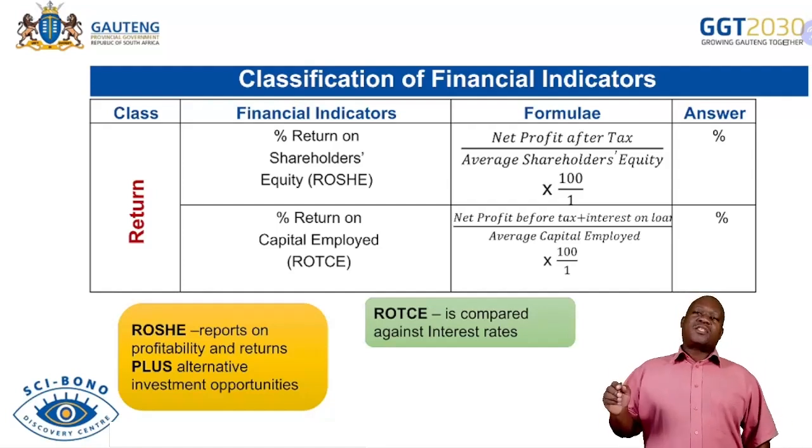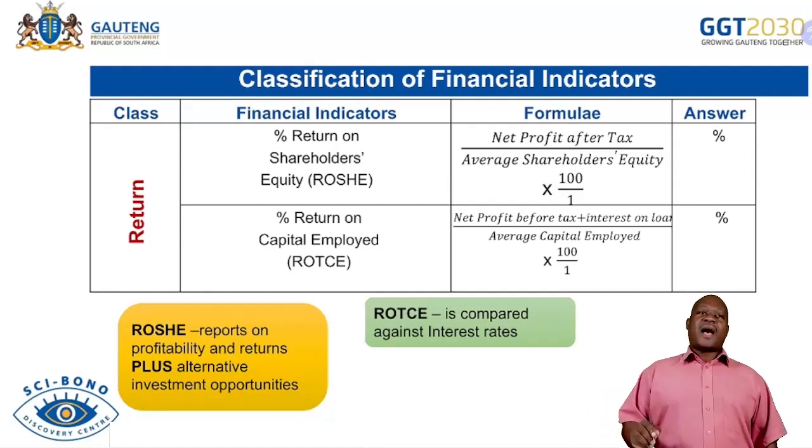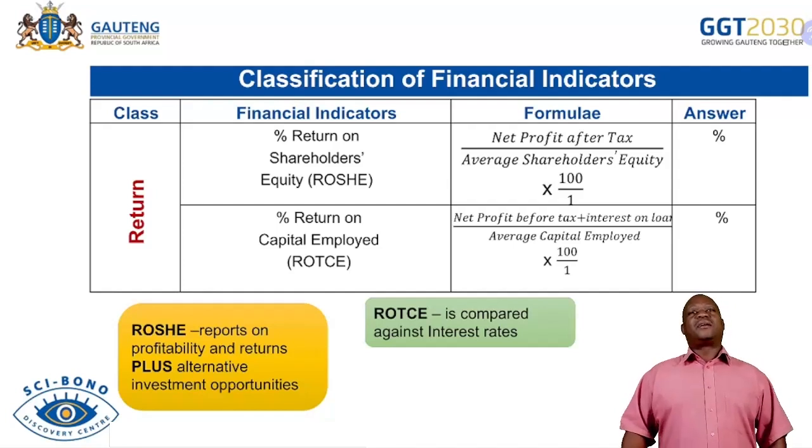It means the cost of borrowing is far higher than the returns that we are getting from employing this capital. The cost of borrowing becomes higher than the returns that we are getting from using this capital that we have borrowed. So is it a good decision to keep on borrowing? I don't think it is.